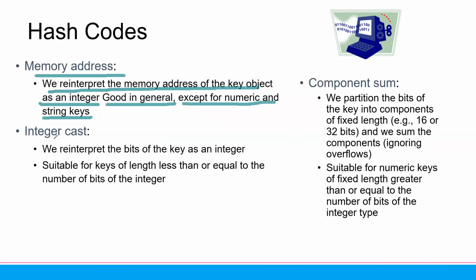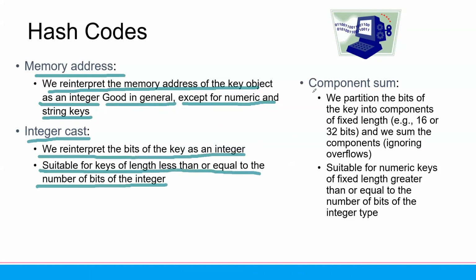We can also use the integer cast. We reinterpret the bits of the key as an integer, and it is suitable for keys of length less than or equal to the number of bits of an integer.